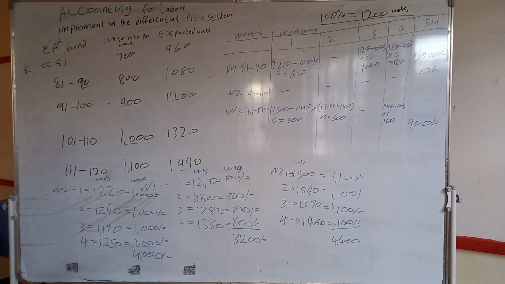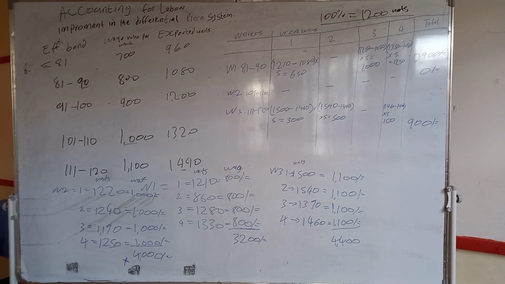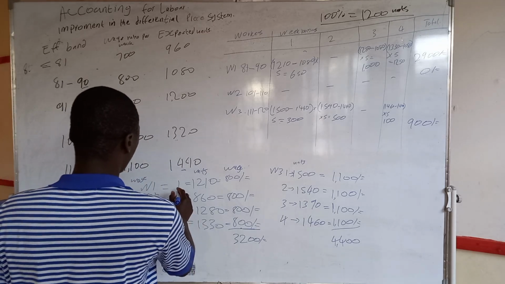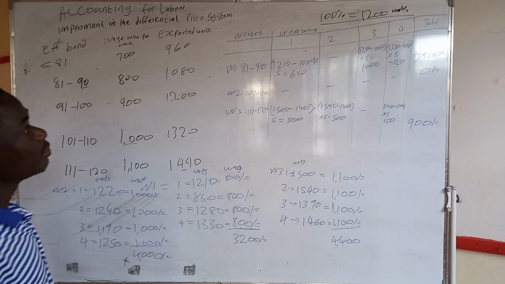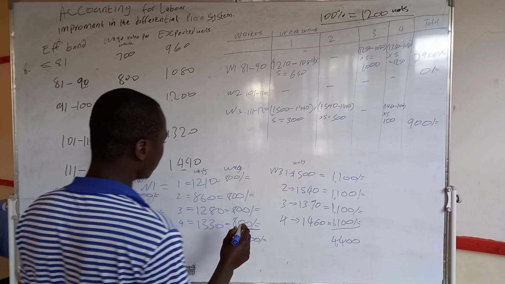Now, total earning for each will then be plus the bonus. This was worker 1. Worker 1 had how much as a bonus? 2,900.